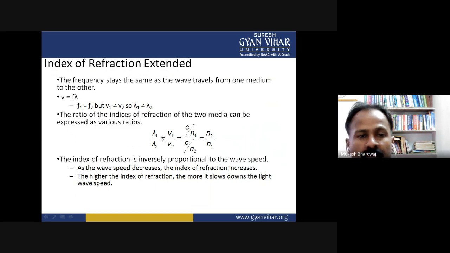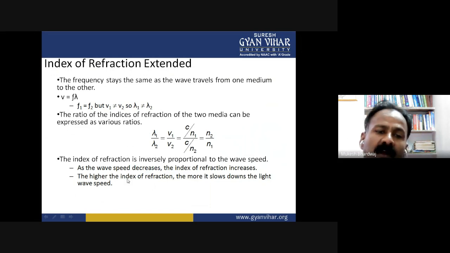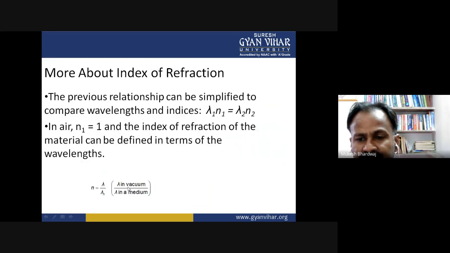The index of refraction is inversely proportional to wave speed. As the wave speed decreases, the index of refraction increases. The higher the index of refraction, the more it slows down the light, the wave speed.